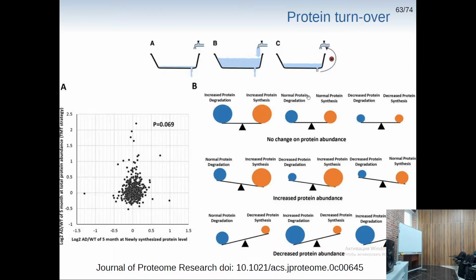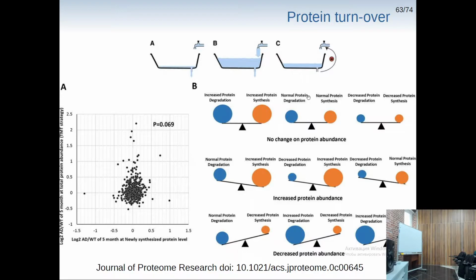And if we are searching for some, let's say, biomarker, for instance, or even some target for medicine, we have to know this information, what happened due to our experimental conditions, right?